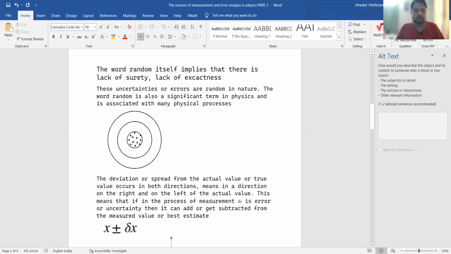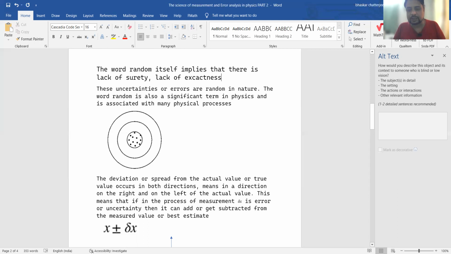It is a deviation or spread from the actual value that occurs in both directions. If you are measuring something and you get a value, the uncertainty can be added to it as well as subtracted from the value. That is why when we report these uncertainties, we report x plus minus delta x. X is the value of the quantity that you have measured.